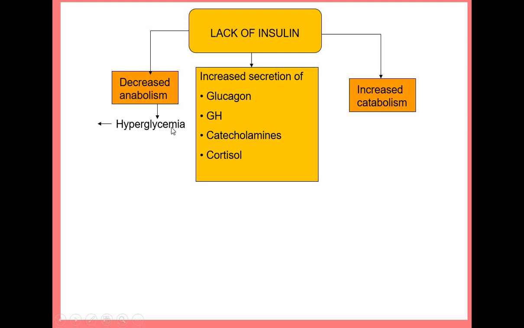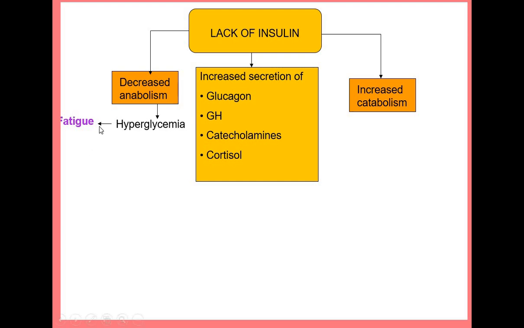Okay. Now when you have lots of glucose in your blood, why does a diabetic patient feel fatigued? You should ask yourself, why does someone with diabetes feel weakness and get tired?